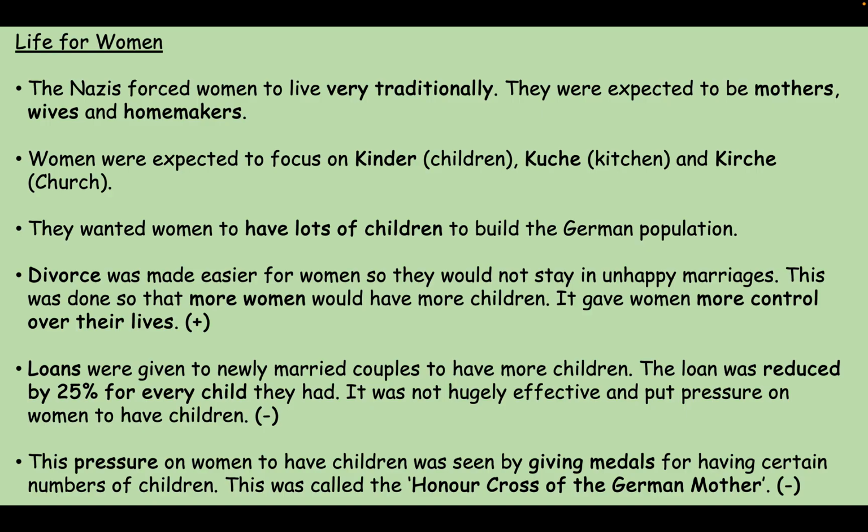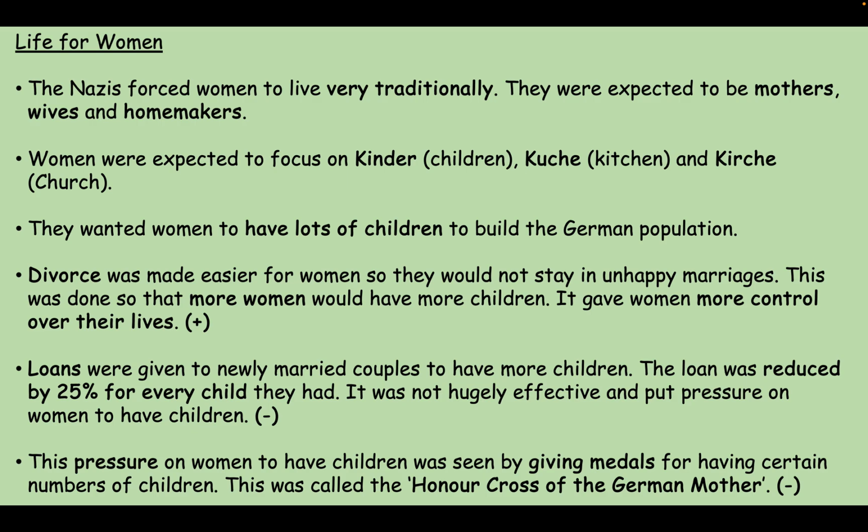That prevents women from having independence. But the Nazis wanted women to focus on Kinder, Küche and Kirche, children, the kitchen and the church. They wanted women to have lots of children to build the German population. So they don't want women having careers and choosing not to have children.